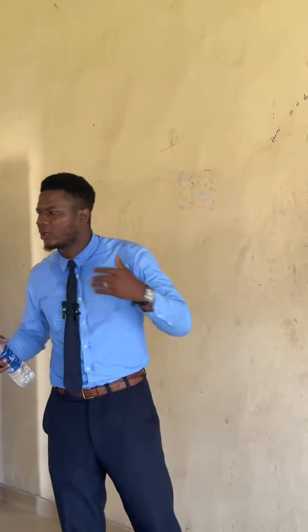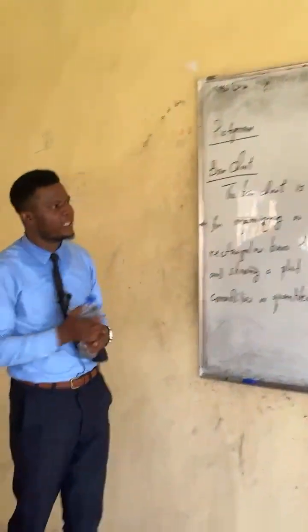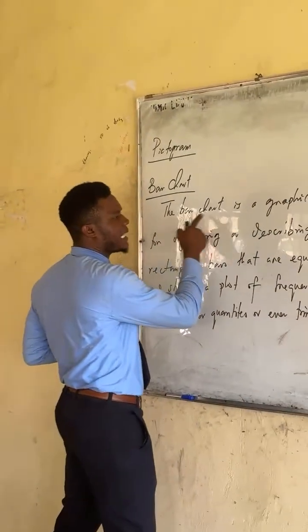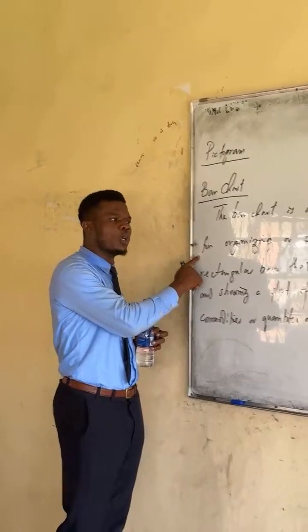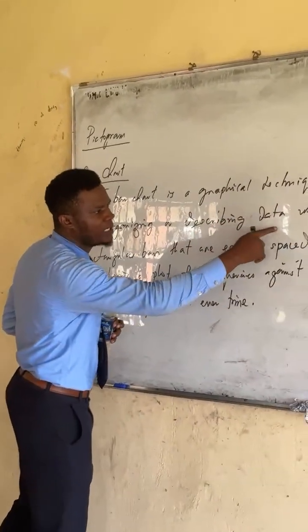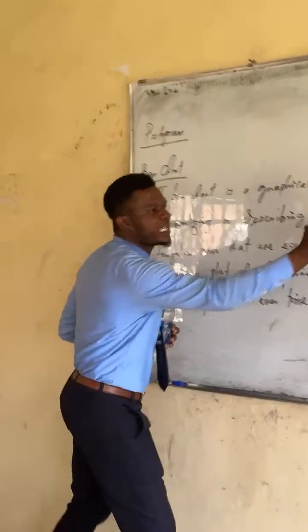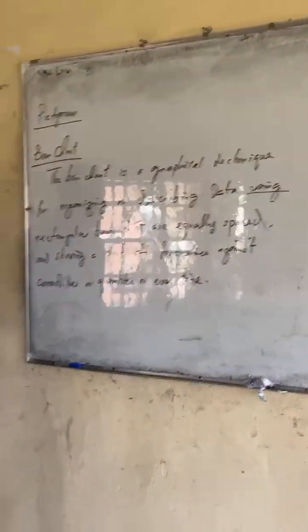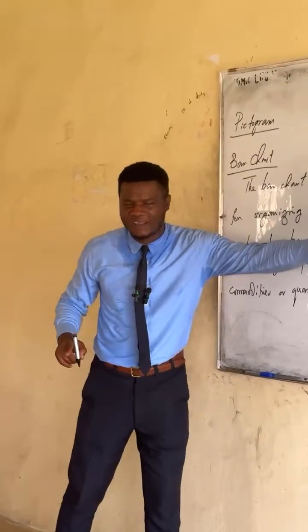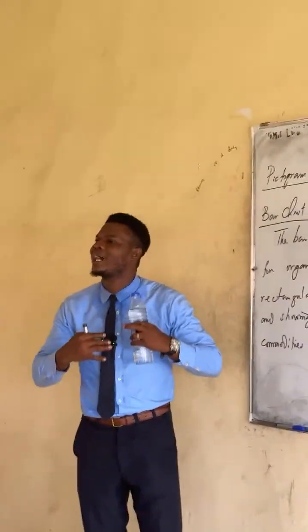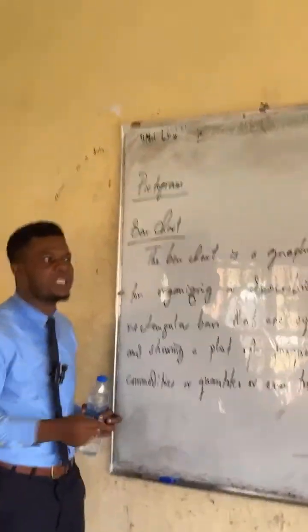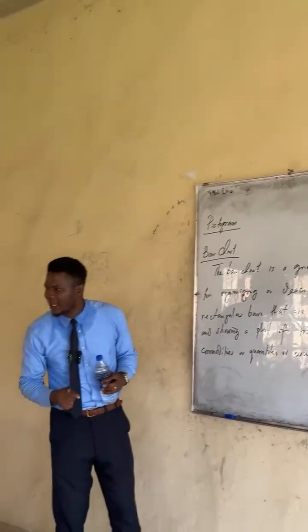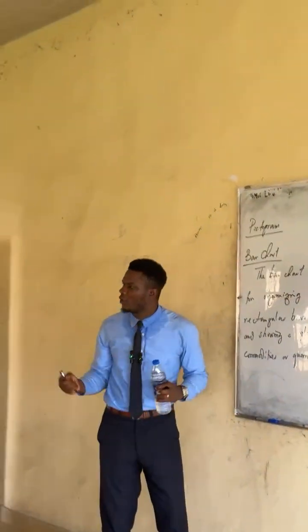So the question now is, how does the bar chart do its own diagrammatic or graphical description? How does it do its own? And the answer is here. So we started with saying that a bar chart is a graphical technique for organizing or describing data. From this statement down to the last, all the statements I've made after that answer the question, how does it do it?